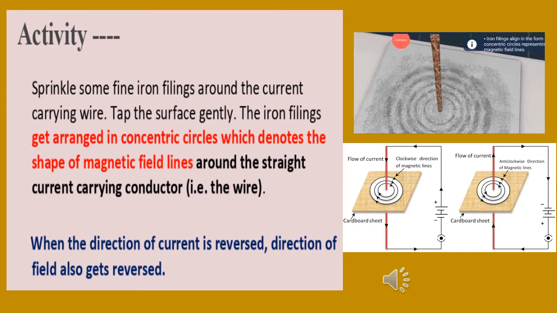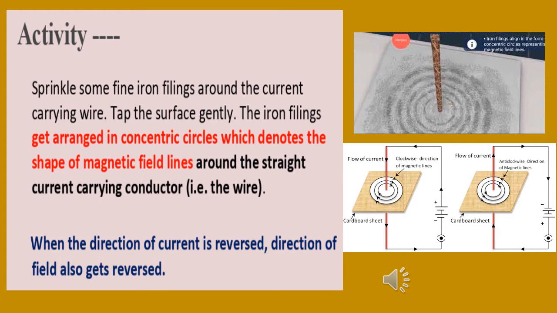The two ends of the wire are connected to a battery through a switch. When the circuit is closed, current starts passing through it, and at that point we sprinkle some iron filings on the cardboard, and we tap the cardboard gently.